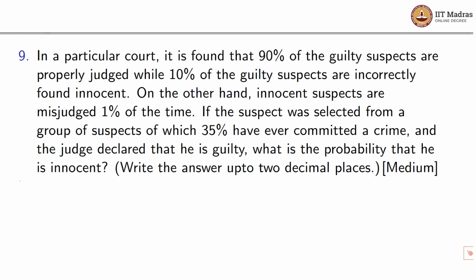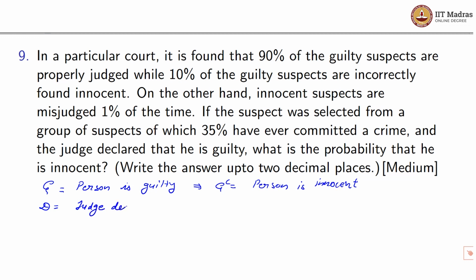So here first let me define the events. Let G is person is guilty. From here I can conclude that G complement will be person is not guilty, or I can say person is innocent. Similarly, define an event D as judge declared the suspect guilty.